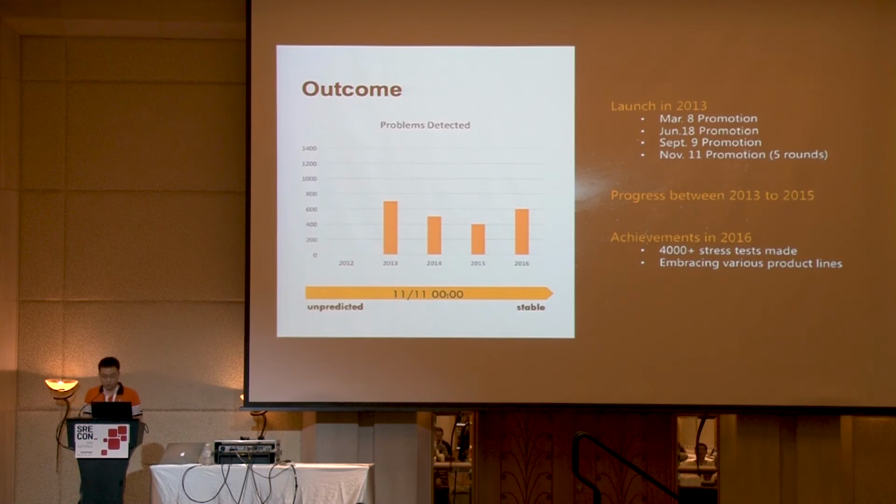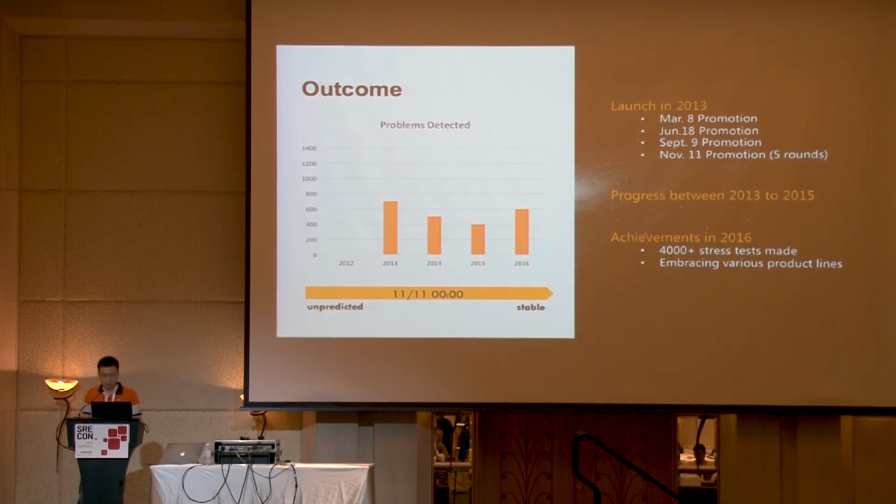Full-chain stress test was first used in 2013. Before Double 11 that year, we used it to find more than 700 system problems and immediately got resources to fix them. Then Double 11 was quite smooth, and the site availability was much better than before.